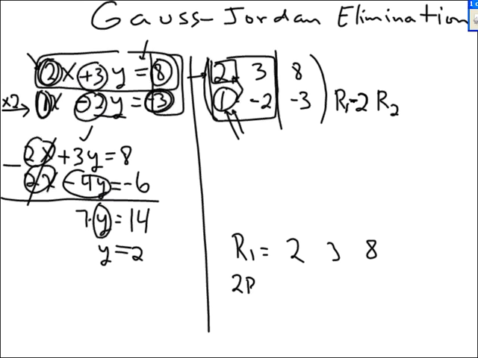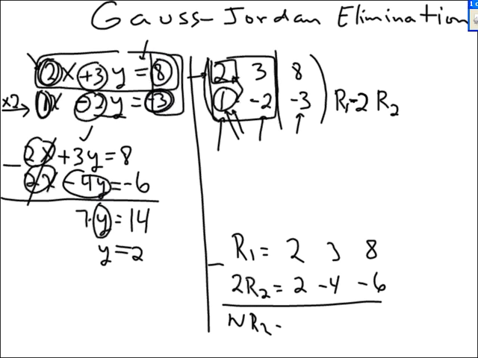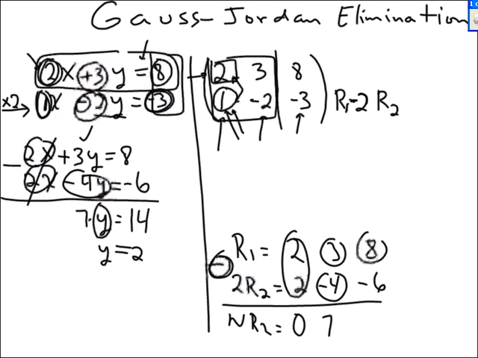You double row 2. 2 times 1 is 2. 2 times negative 2 is negative 4. 2 times negative 3 is negative 6. And we subtract these two rows, and we will get the new row 2. 2 minus 2 by design is 0. 3 minus a negative 4 is 7. 8 minus a negative 6 is 14.